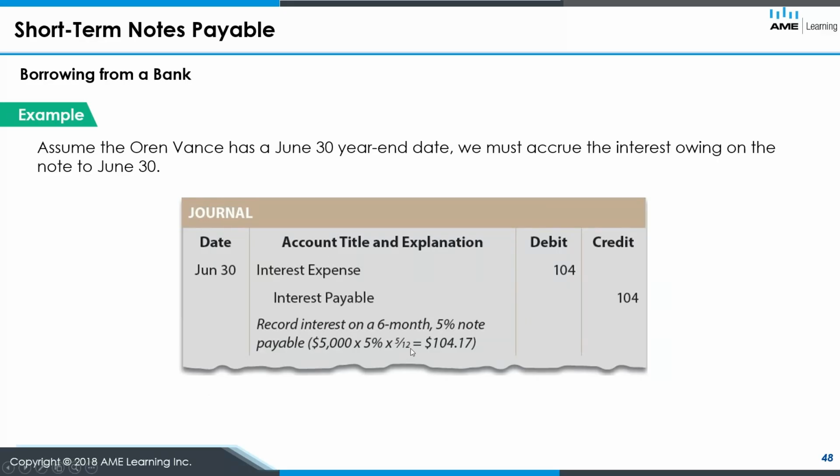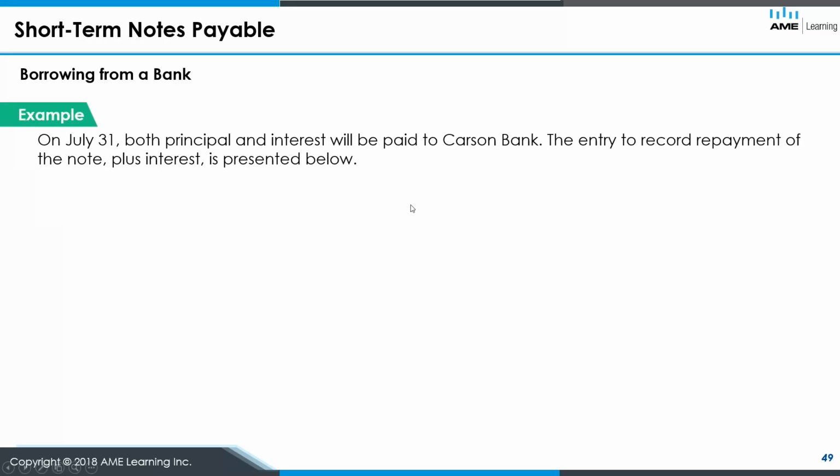So 5 of the 6 months were in this year, and then 1 of those 6 months will be in the next year. So that's why we have to do this accrual to make sure that we get this portion of the expense, 5/12, into the current year. And we record an interest payable component that we will then pay in the future.